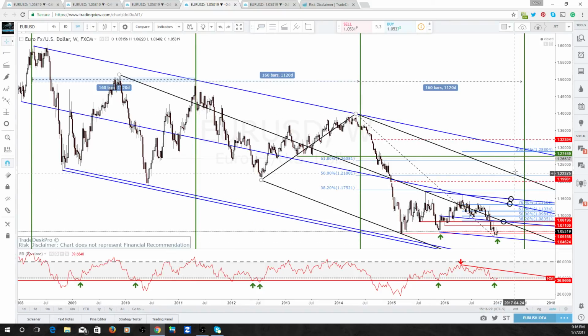So still possible. And that's why we come to the next, and this is some analysis of mine. If you look at the highs here and here, that was exactly 160 weeks. Same thing here. Okay, it's 1 or 2 weeks or 4 weeks difference, but you catch what I'm getting at. 160 bars.